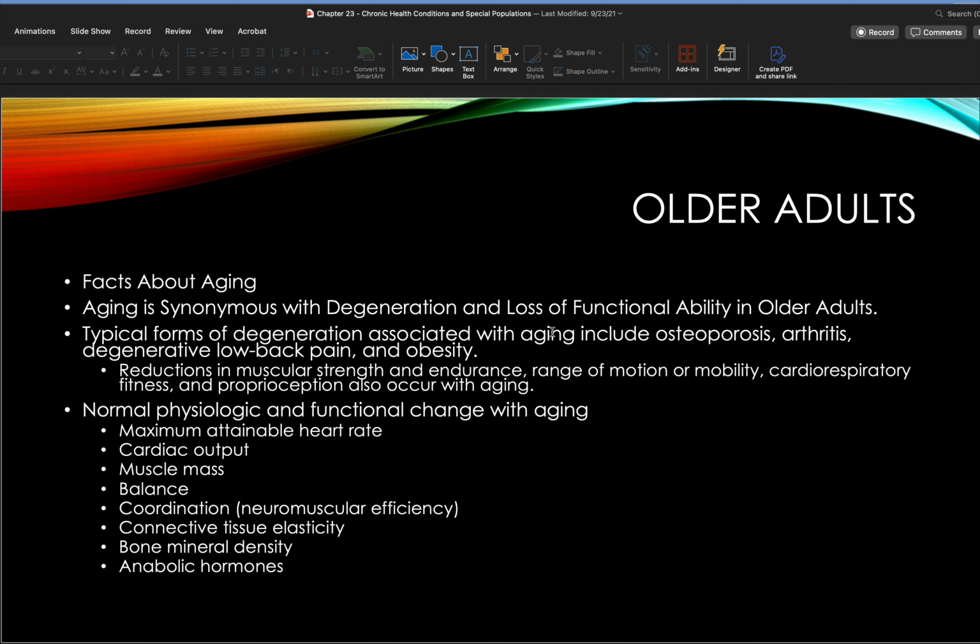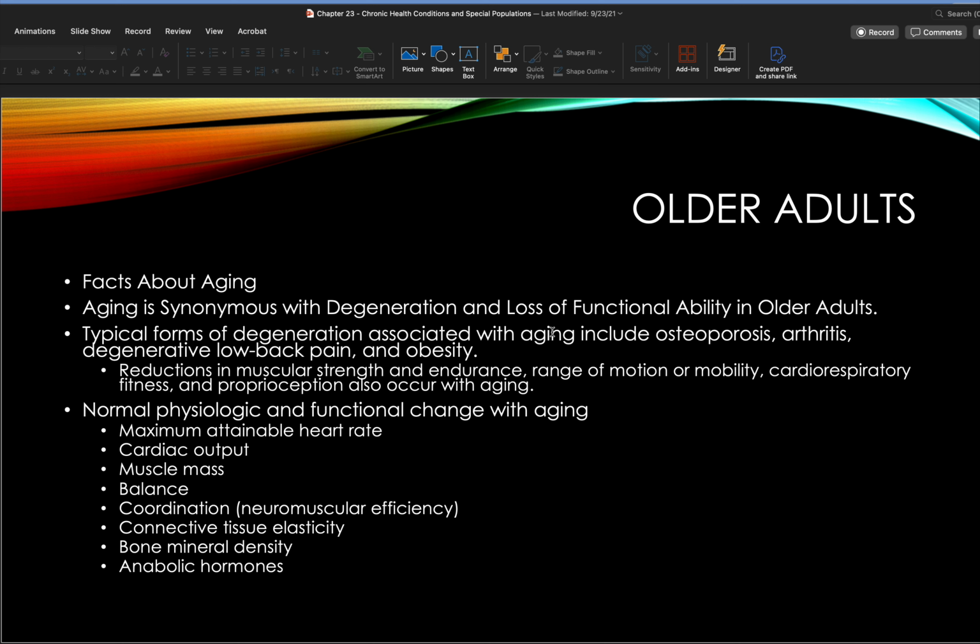Okay? So older adults, on the other end of the spectrum, there's going to be very big differences in terms of what happens. So you're talking about gaining function with children, and now you're talking about degeneration or loss of function with older adults. And that's where the difference lies. I mean, you almost start on this like a pyramid pattern, right? You start low on the bottom of that pyramid, you build up into that upper peak as an adult, and then unfortunately you get that peak point, which actually works out well for the term.